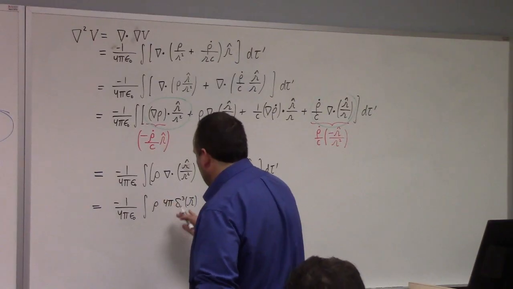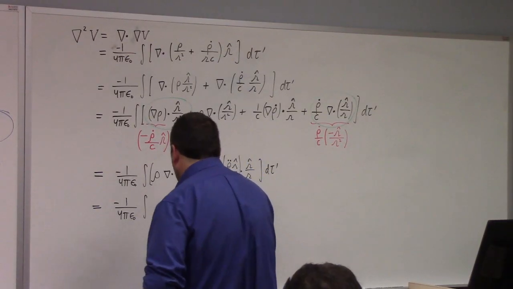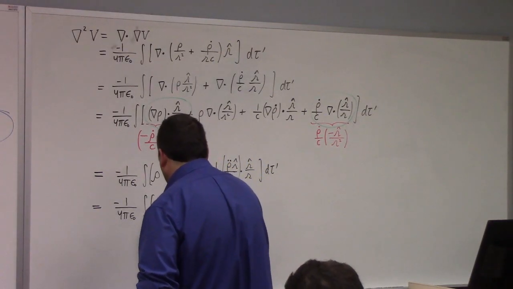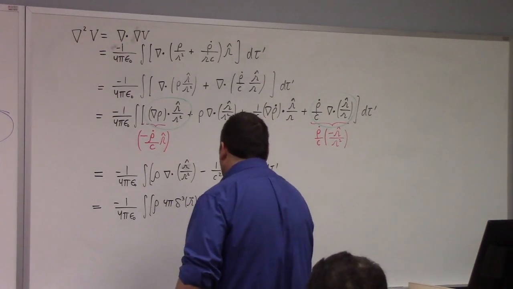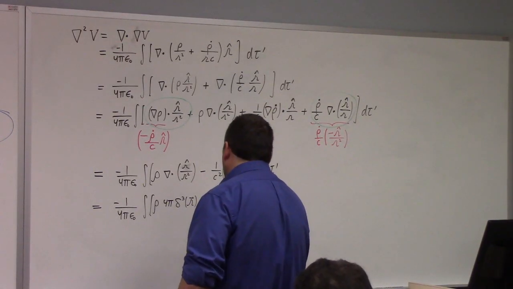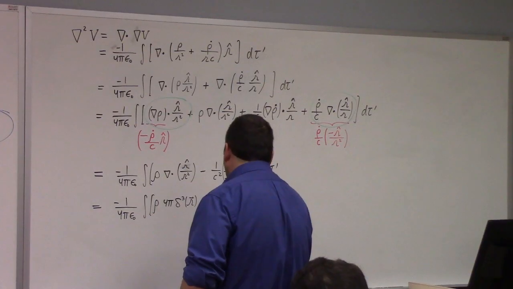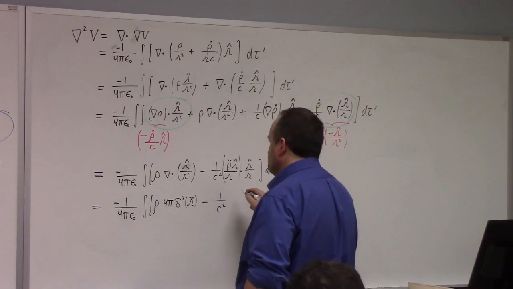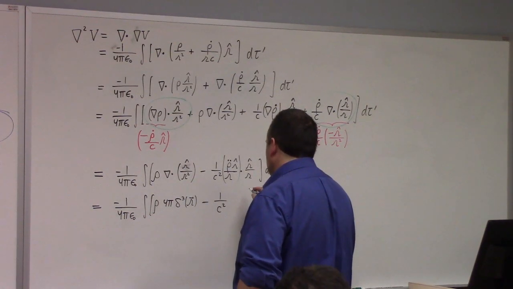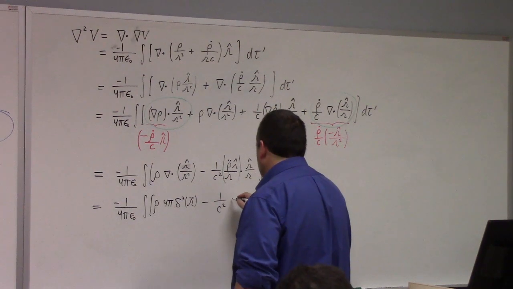And to be fussy, that's actually rho of what? Well, I'm just going to leave it as rho, fine. And this right here, I have minus 1 over c squared rho double dot.